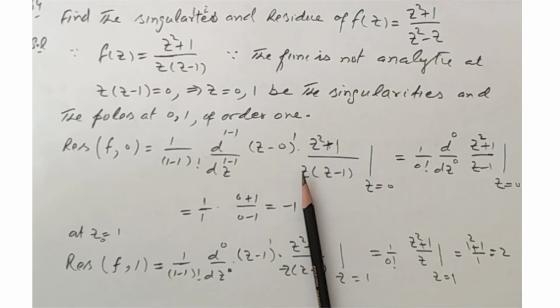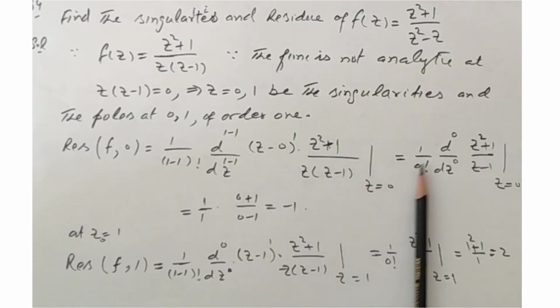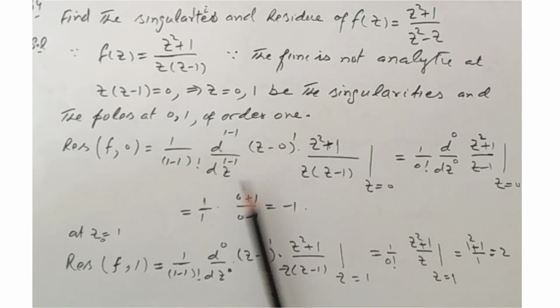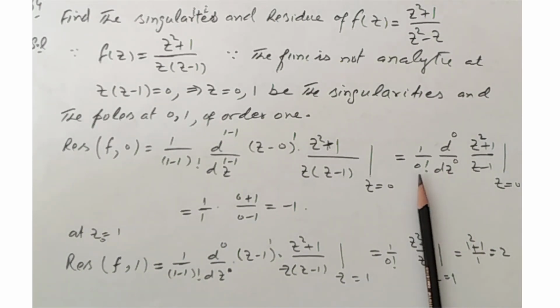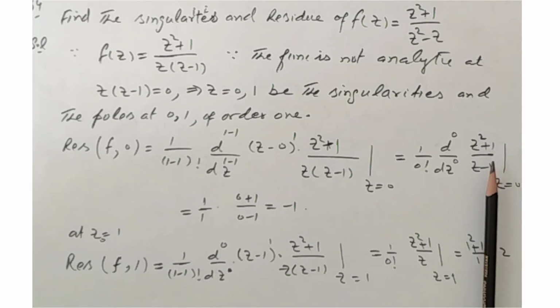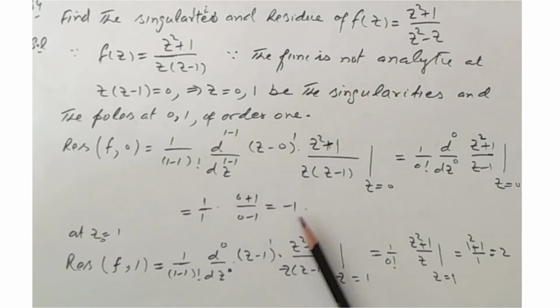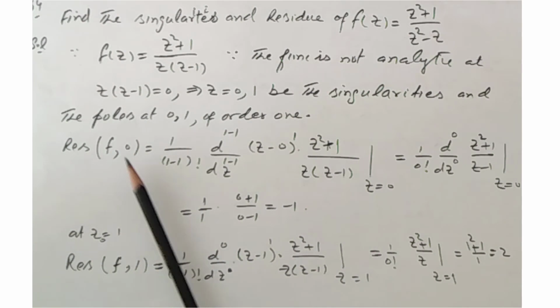This term will cancel and we get z. This becomes 0 factorial, and d^0 over dz^0, no derivative, we eliminated. 0 factorial is 1, and here we apply the limit when z equal to 0: (0 plus 1) over (0 minus 1). So the total is minus 1. This is the residue of the function at 0.